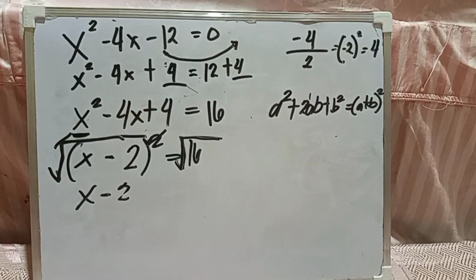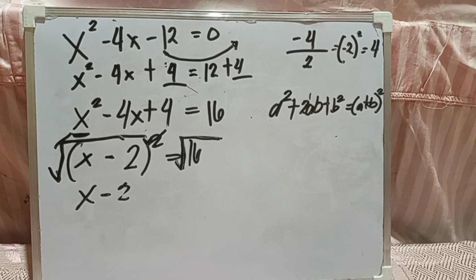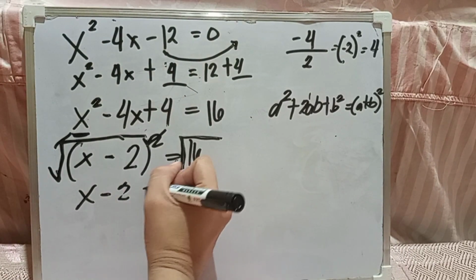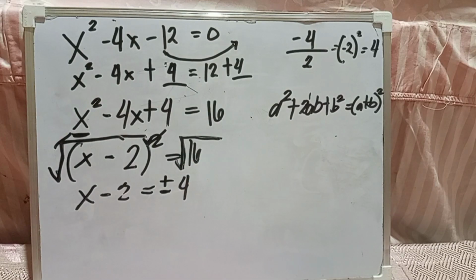On the right side, the square root of 16 is not just 4. It will be positive and negative 4. So x minus 2 is equal to positive and negative 4.